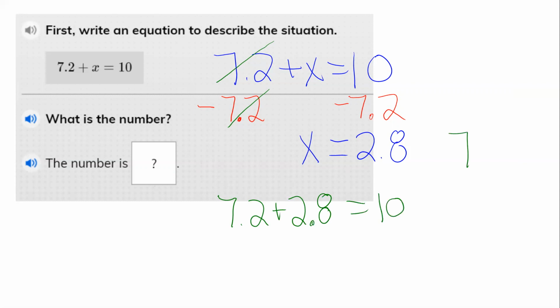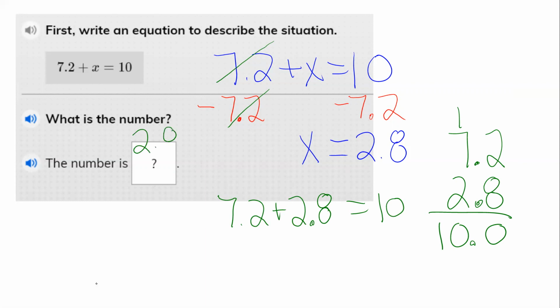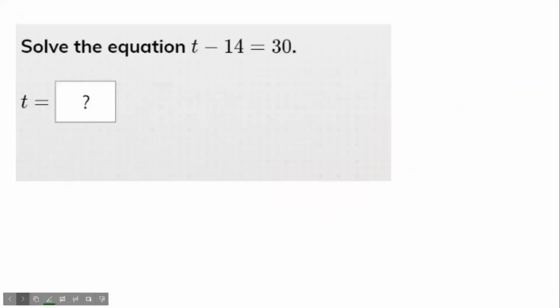And I'll just come off to the side here, since my calculator's not handy, right? 7, 8, 9, 10, boom. Very good. We are indeed correct. Okay, so that number is 2 8/10 that we're looking for. That's what x is equal to.